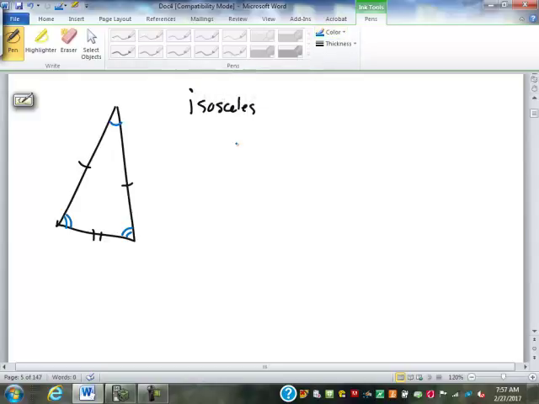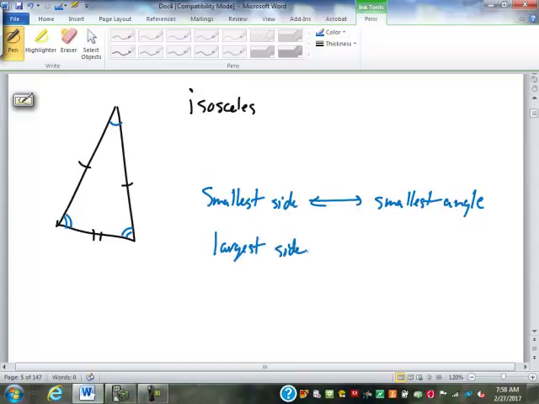Because we know that in any triangle, the smallest side is opposite the smallest angle, and the largest side is opposite the largest angle.